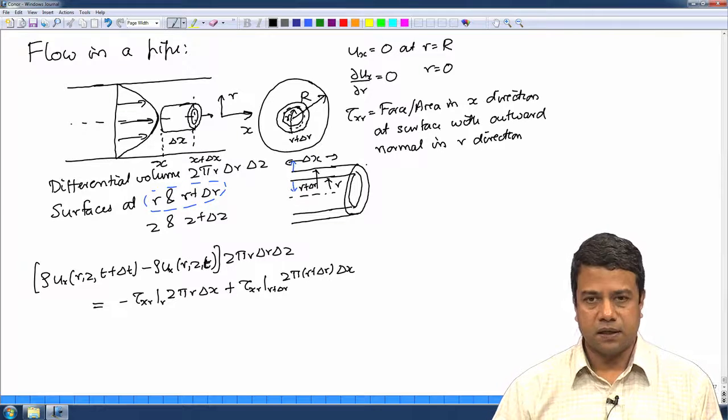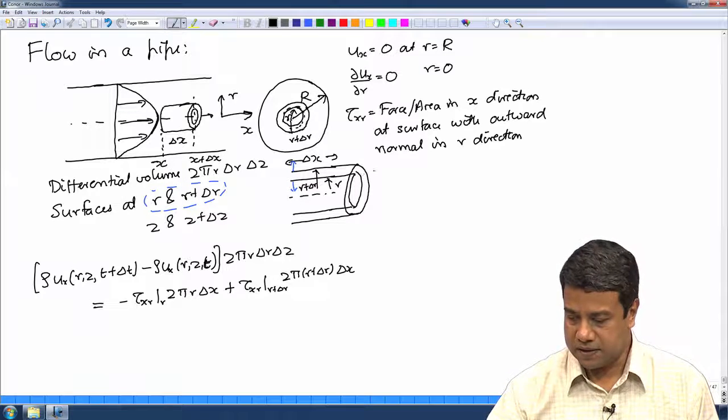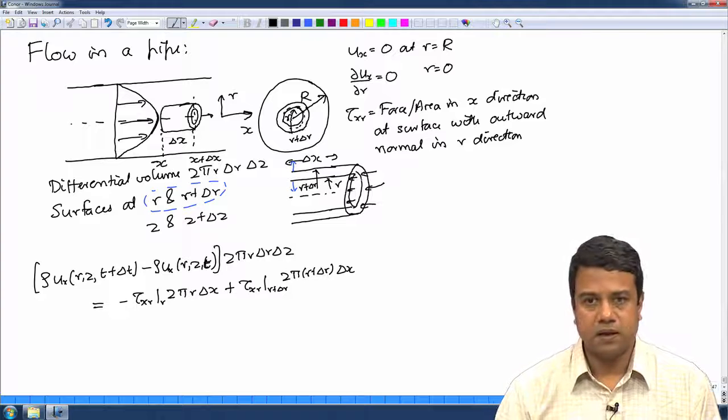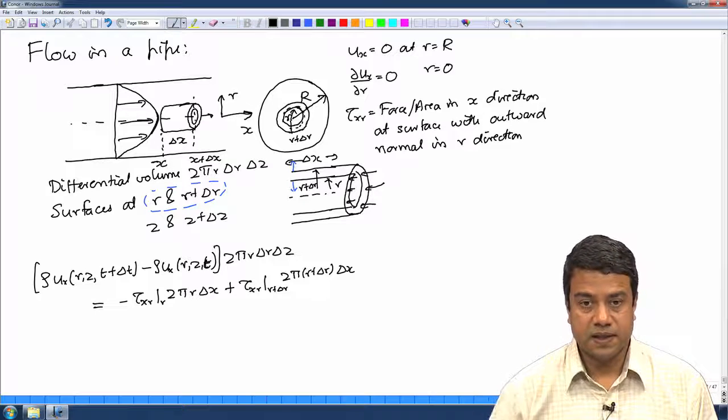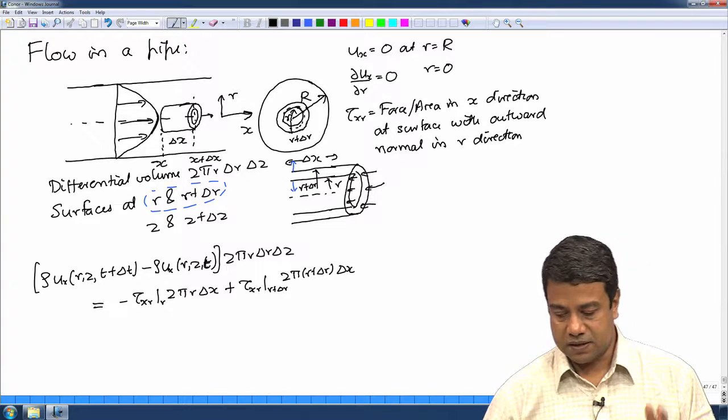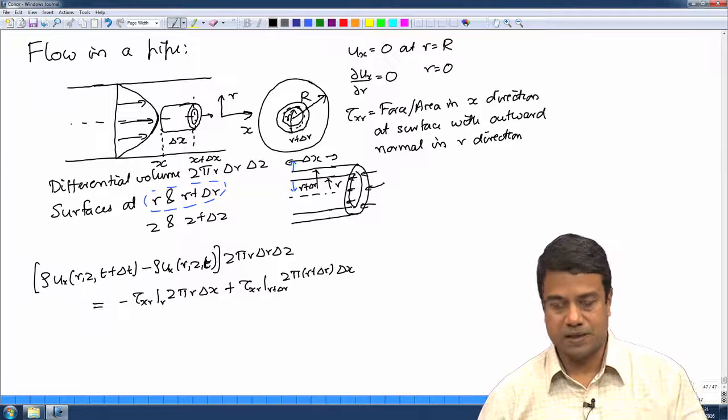At the surface at x plus delta x, the pressure is acting in the minus x direction. At the surface at x, the pressure is acting in the plus x direction.